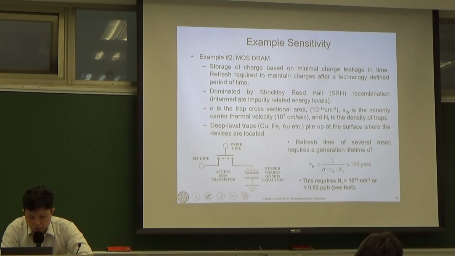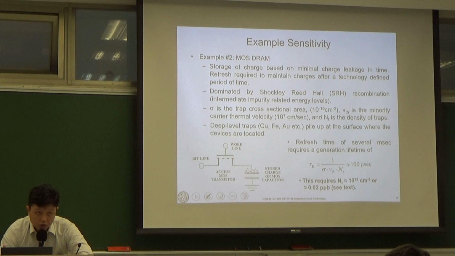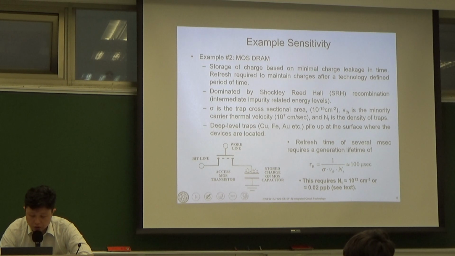And the second example to emphasize the importance of defects is the DRAM. In this DRAM we have a capacitor that can store your charge here. You can use this bit line and word line to read and write this capacitor's charge. But this charge is stored in this MOSFET, and it will be recombined if you have some defects in this device.